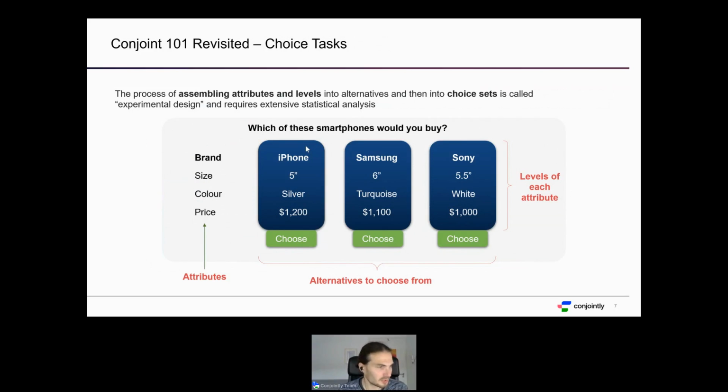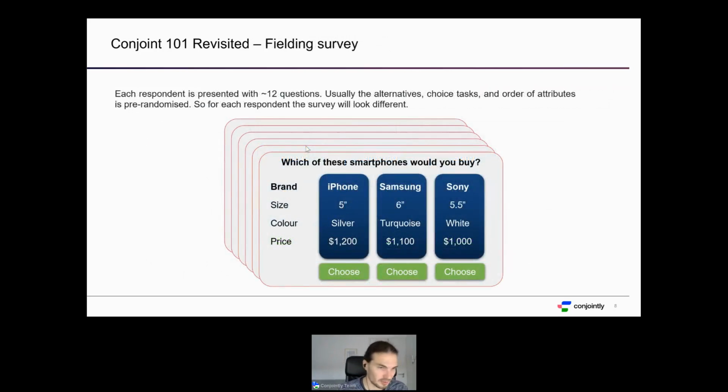And what happens is somebody will choose. So let's say they pick out of the blue the Sony 5.5 inches in white for $1,000. Then they're shown another question like this and another. And roughly every individual in our group will answer 12 of these questions.